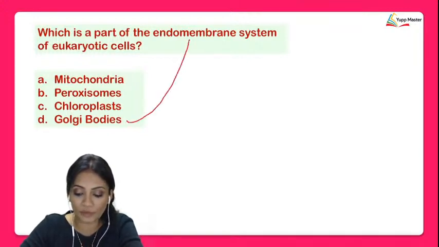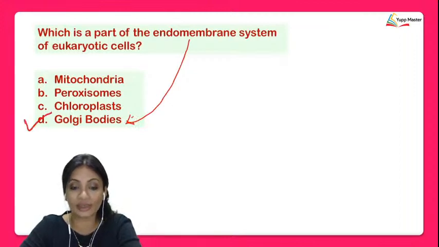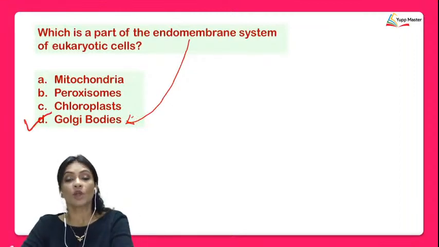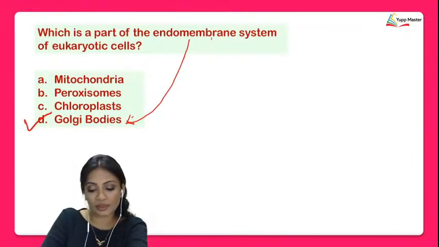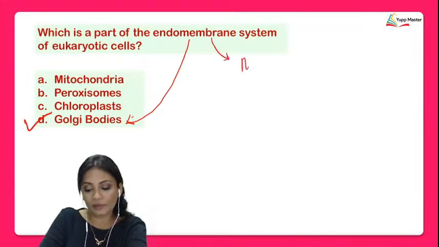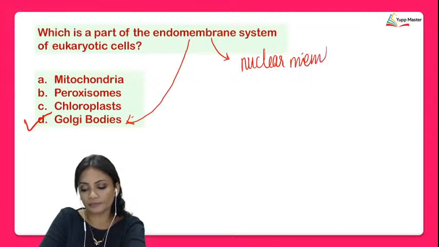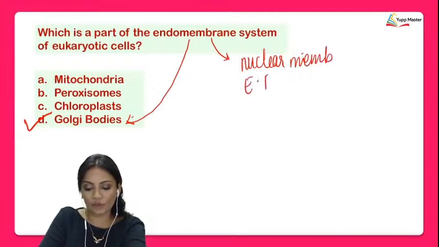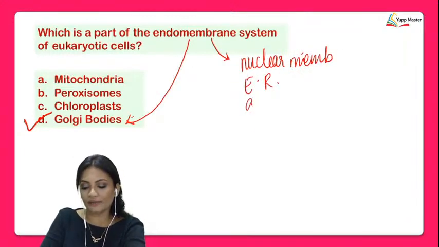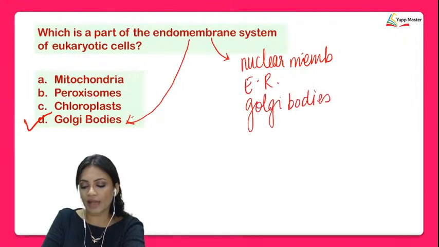The endomembrane system would include the Golgi bodies, so the correct answer here will be Golgi bodies. What other structures are present in the endomembrane system? They would be the nuclear membrane, then the endoplasmic reticulum, the Golgi bodies, and finally the lysosomes.